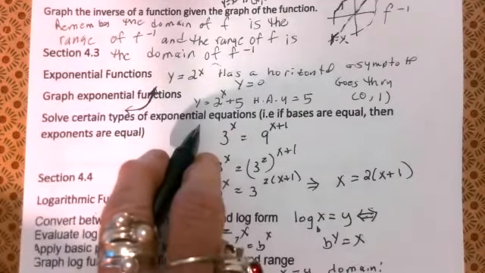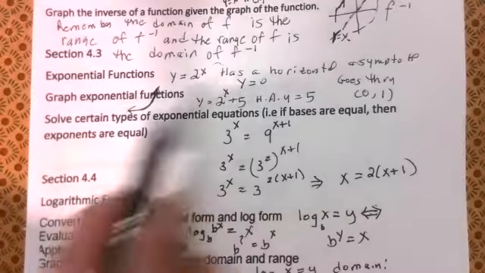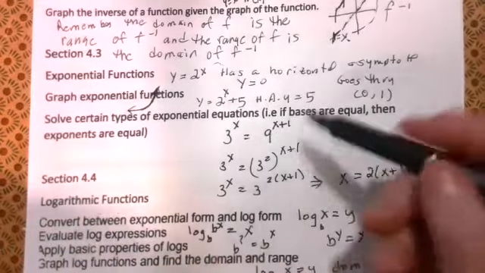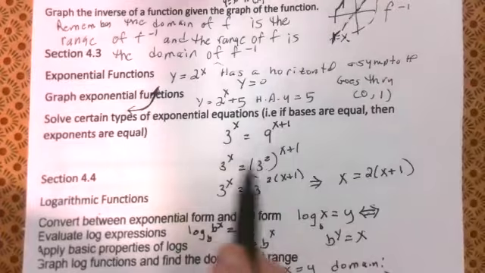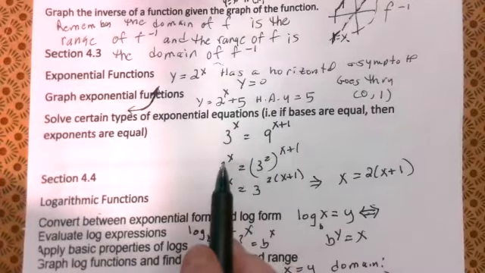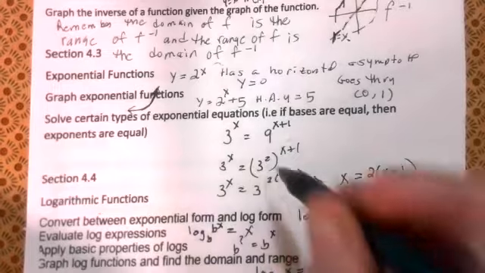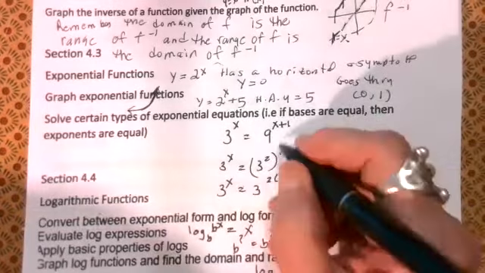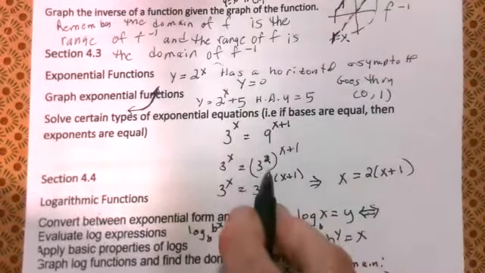Solve certain types of exponential equations. So in other words, if the bases are equal... this is not really usually the case where you can rewrite the other side of the equation with the same base. But if you can, then you can do this. Like for instance, 9 is 3 squared.